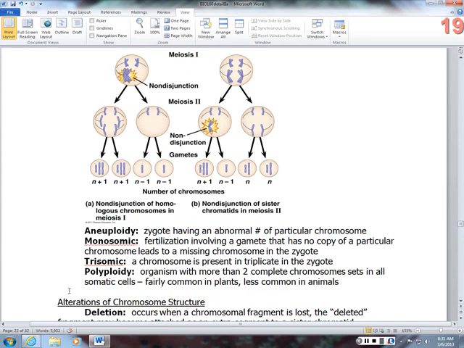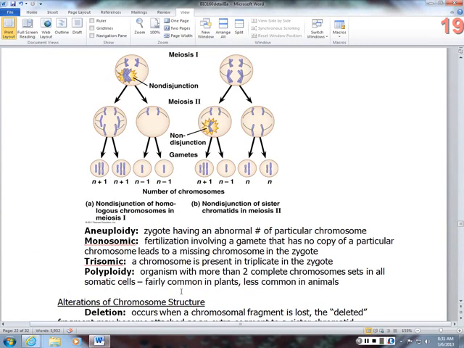So aneuploidy is going to be the zygote that has an abnormal number of a particular chromosome. So the monosomic are going to be fertilization involving a gamete that has no copy of a particular chromosome, so it's missing 1. This would be your monosomic one. And the trisomic are going to have an extra 1, so these are your trisomic ones that have 3 in there.